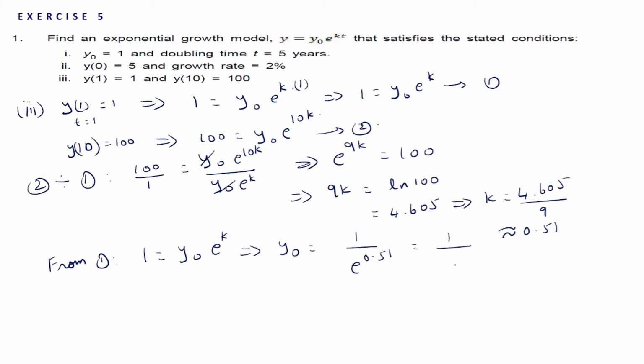Now e raised to 0.51 is 1.6653. So this is equal to 0.6. So we have found k and we have found y0. Therefore, the model is y equal to 0.6 into e raised to 0.51 t. So this is the model.